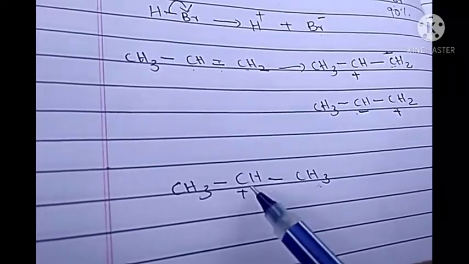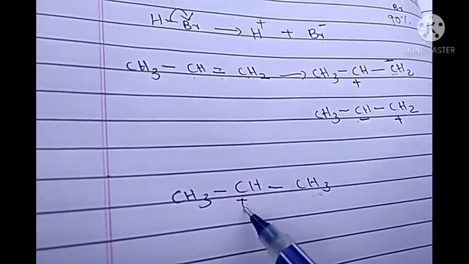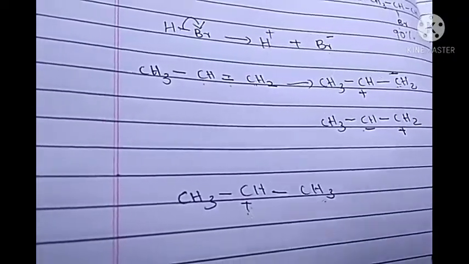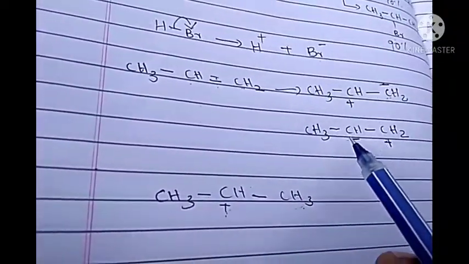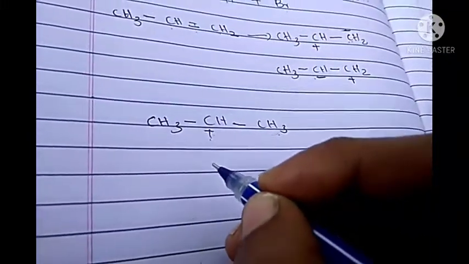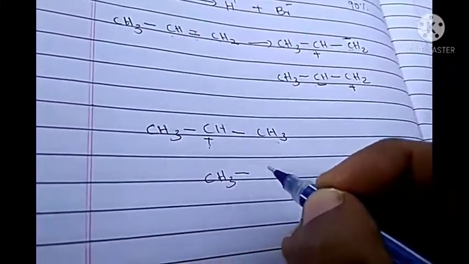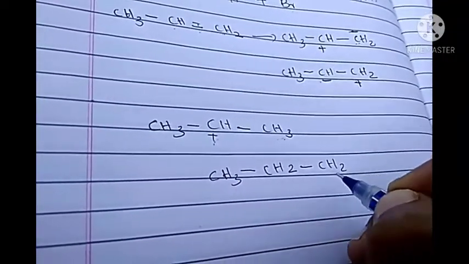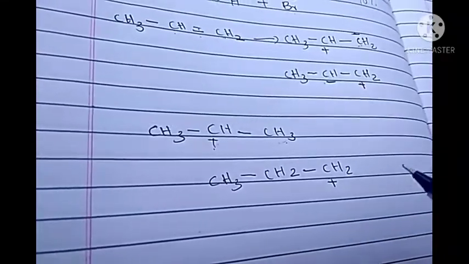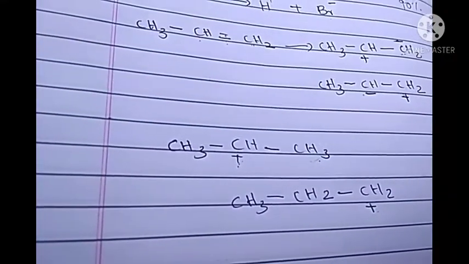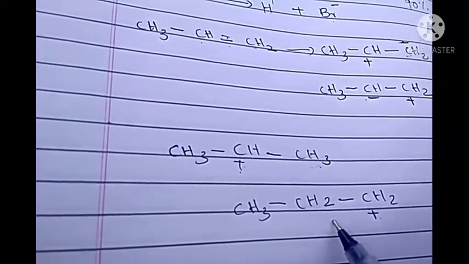And this cation which carries a positive charge on this carbon can be called a carbocation. And if this H+ attacks this carbon with a negative charge, we get the product like this: CH3, CH2, CH2+. We get another carbocation in which this carbon carries a positive charge. So we get two types of carbocations.